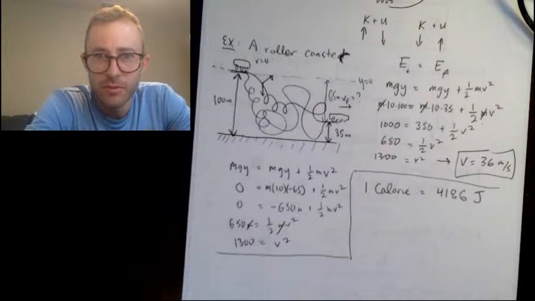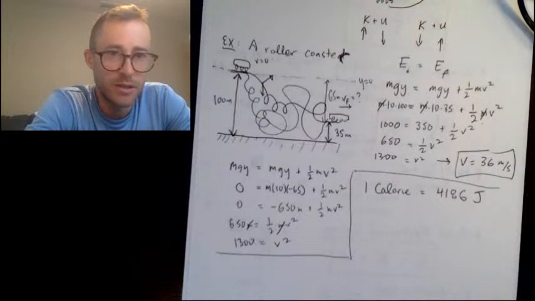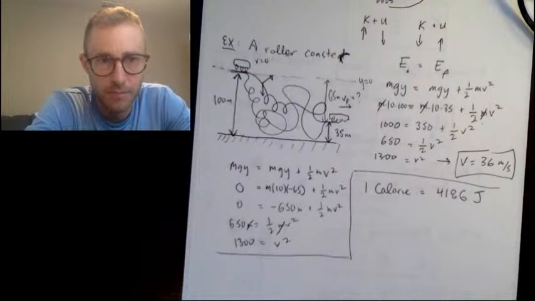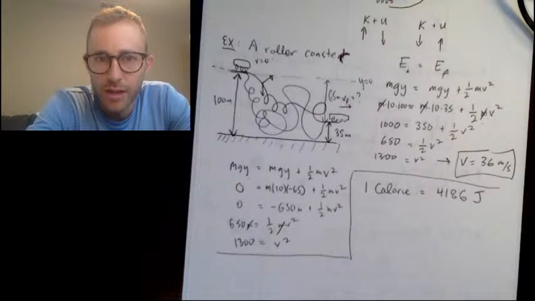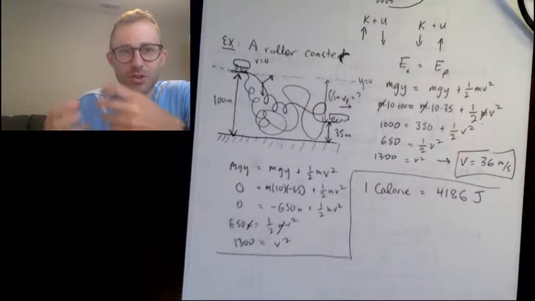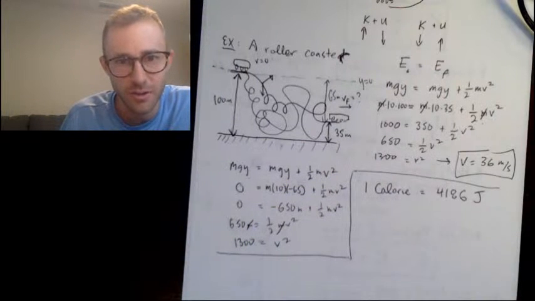You might have heard of the calorie in the context of your diet. Okay, the recommended diet is something like 2,000 calories per day. So what they're saying is the amount of food that you eat should have a chemical potential energy equal to 2,000 calories. Okay.